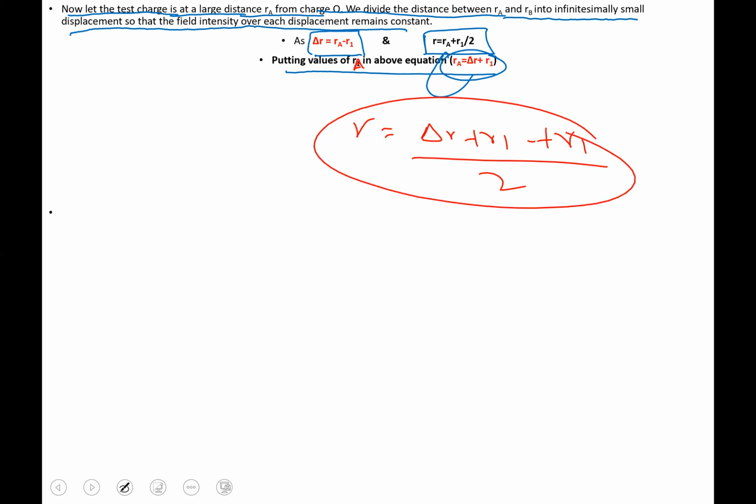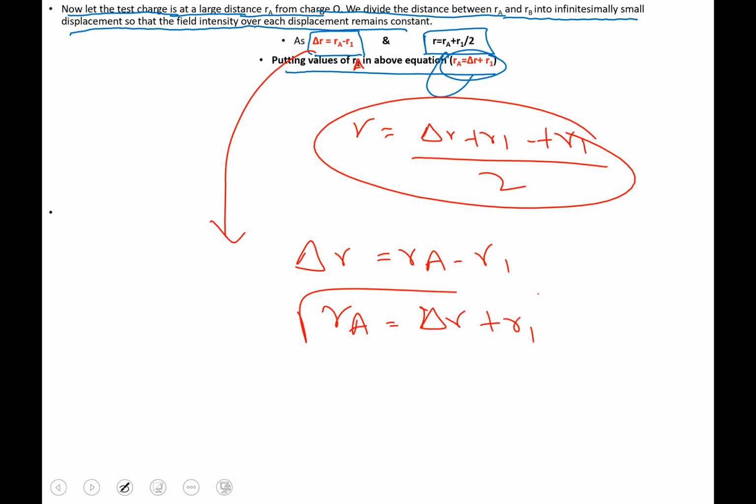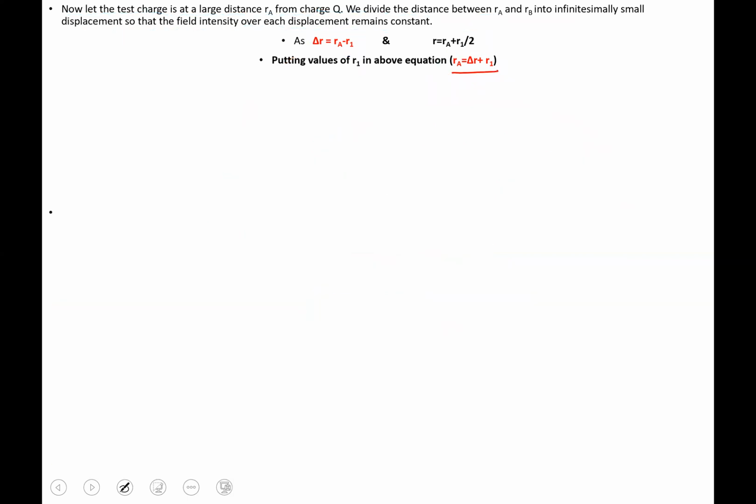Now, why have we done this and how? Look at this equation: delta R is equal to RA minus R1. So from here we can say RA is equal to, taking the negative sign to the other side, delta R plus R1. So this is the value of RA.